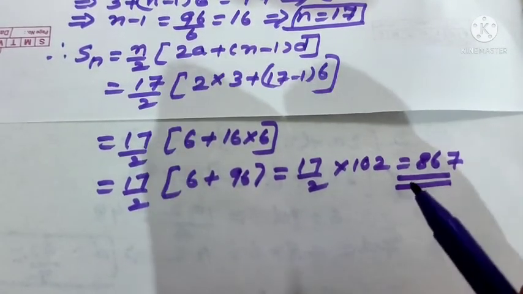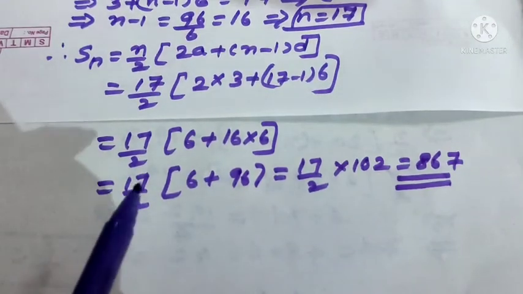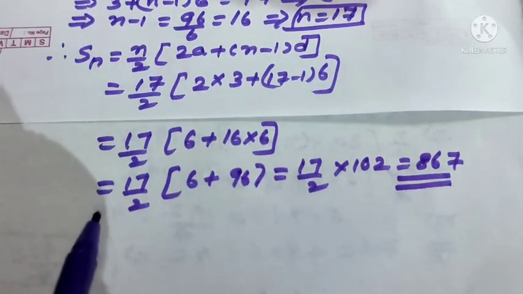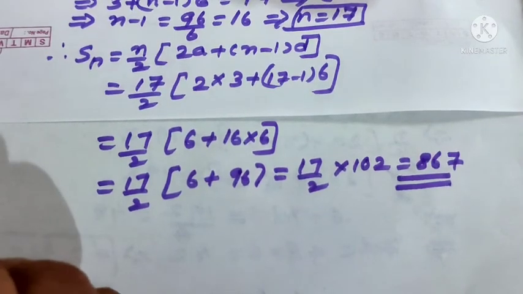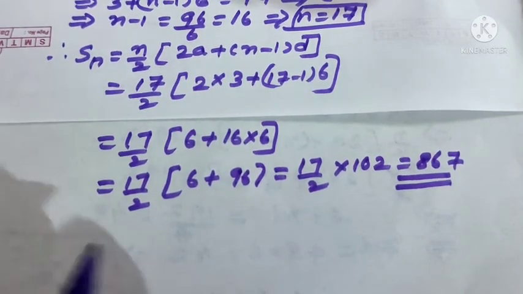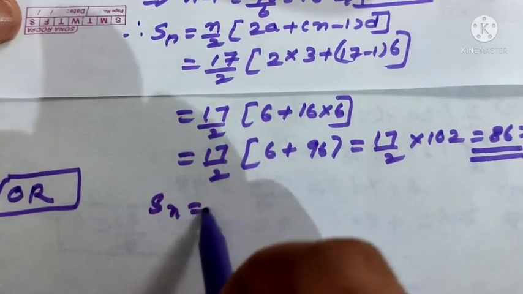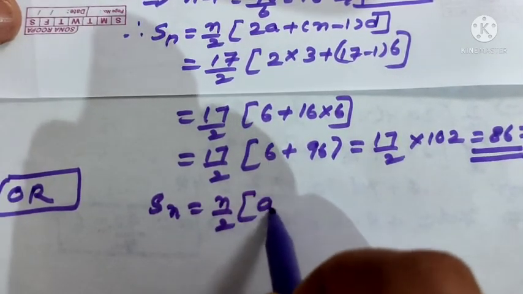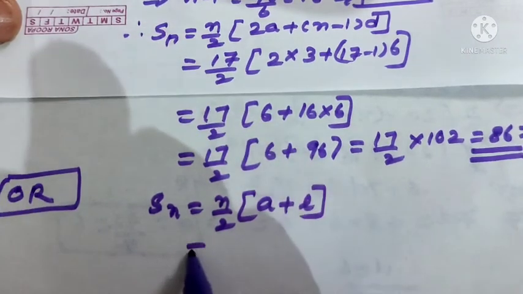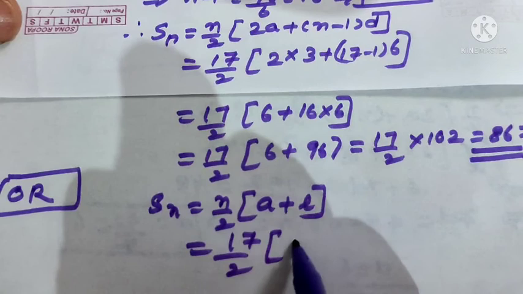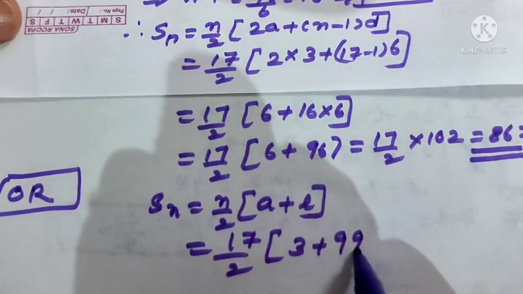One more method we can use, because we got the first term as 3 and the last term as 99. So we can use Sn equal to n by 2 bracket a plus l. So n by 2 is 17 by 2 bracket a plus l, that means 3 plus 99.